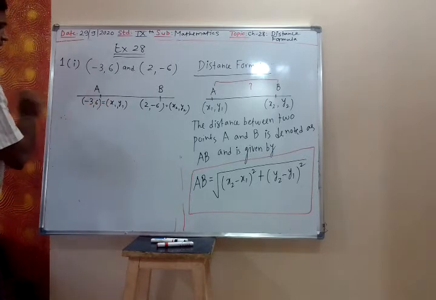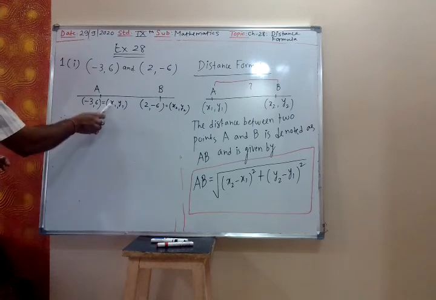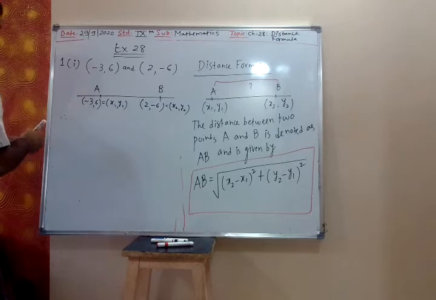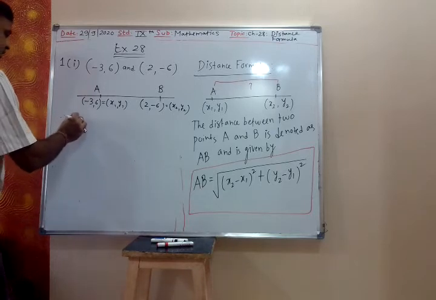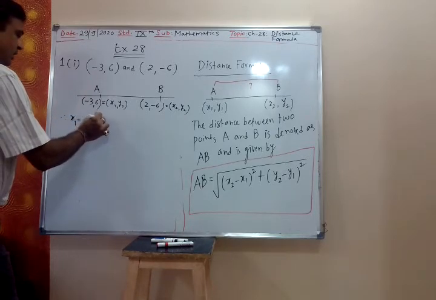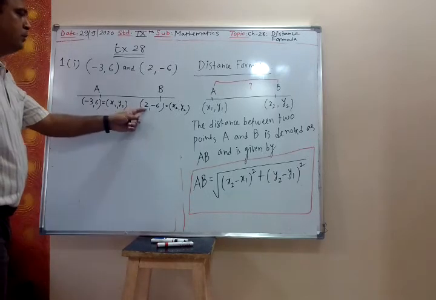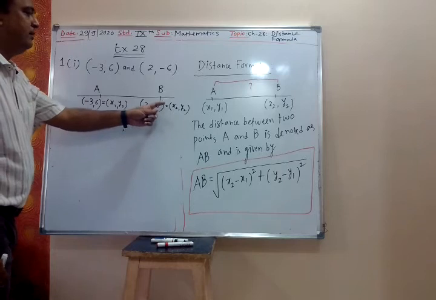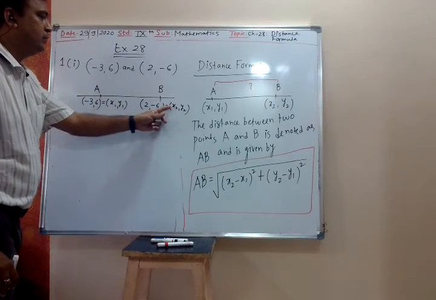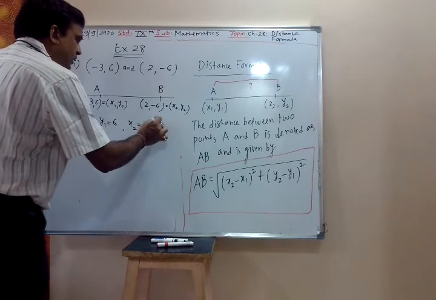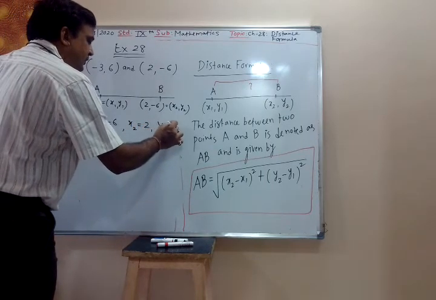So what is my x1? x1 is minus 3 and y1 is 6. Then next, 2 comma minus 6, we compare with x2 y2. What is x2? x2 is 2 and y2 is minus 6.